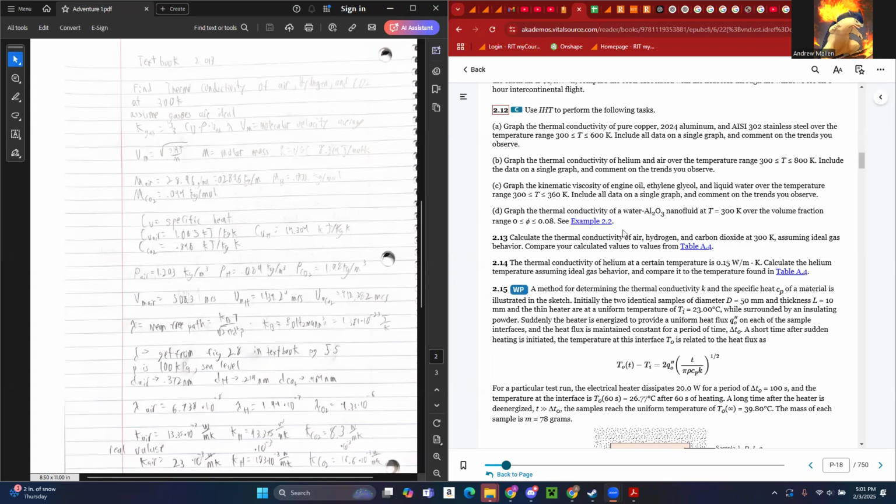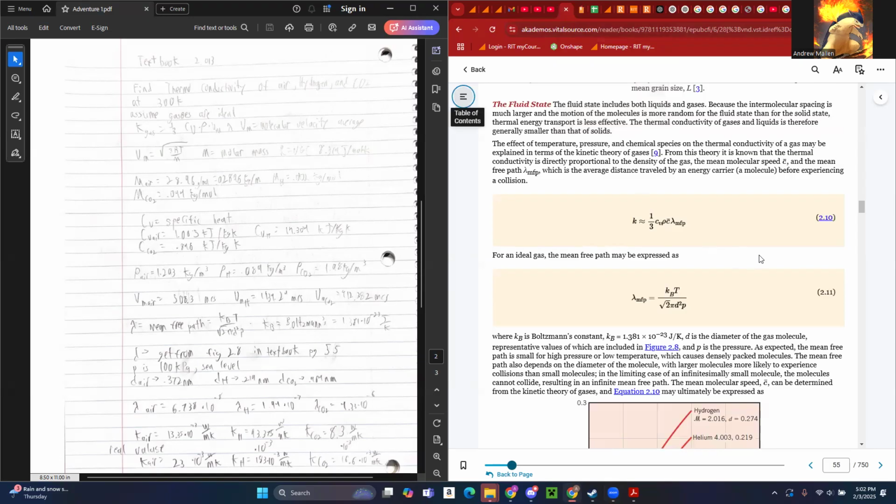So this is a little tricky to start with, unless you've gone through the entire textbook. But the main equation that you're going to need can be found on page 55, which is in chapter 2 of the textbook.